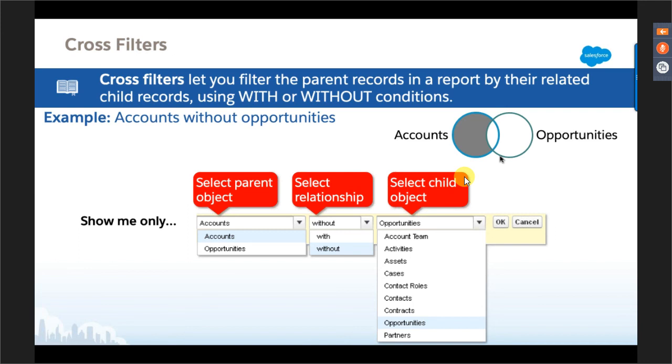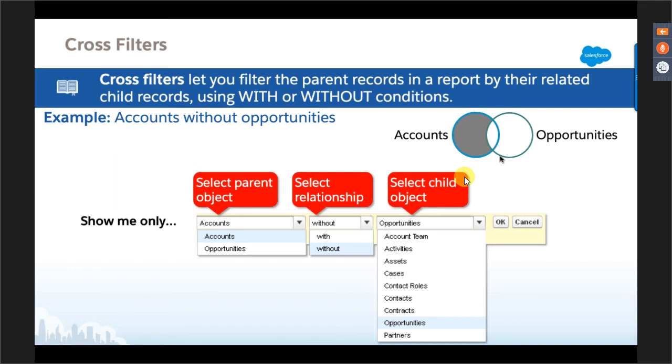What's important about this is you can take it further. When you put a cross filter in and it looks at the opposite of what ordinarily would be there, it also gives you the capability of doing what are called sub-filters. These sub-filters are not based on the primary object. They're based on the secondary object.